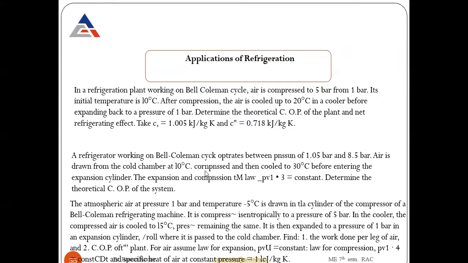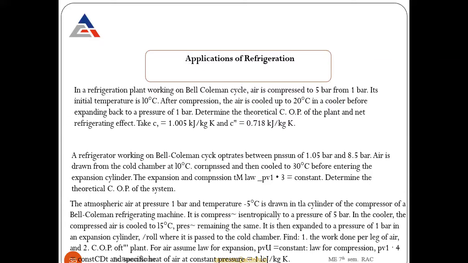Write down: the atmospheric air at pressure 1 bar and temperature minus 5 degrees centigrade is drawn in the cylinder of the compressor of a Bell-Coleman refrigerating machine. It is compressed isentropically to a pressure of 5 bar.